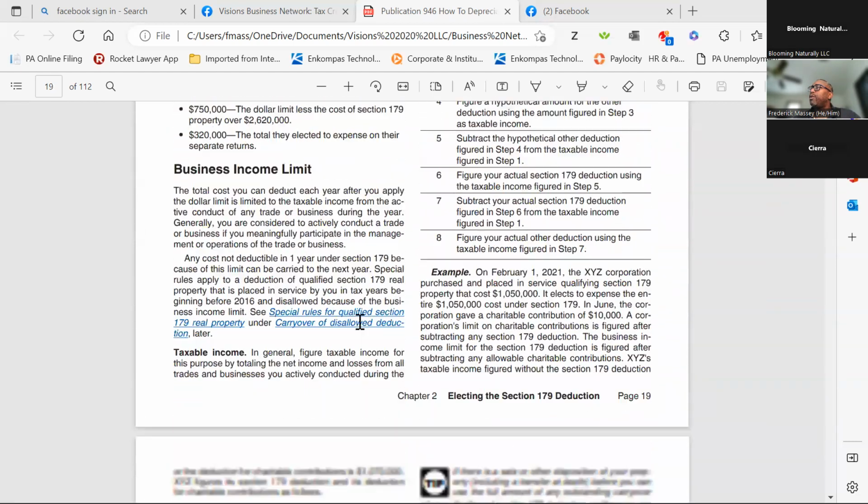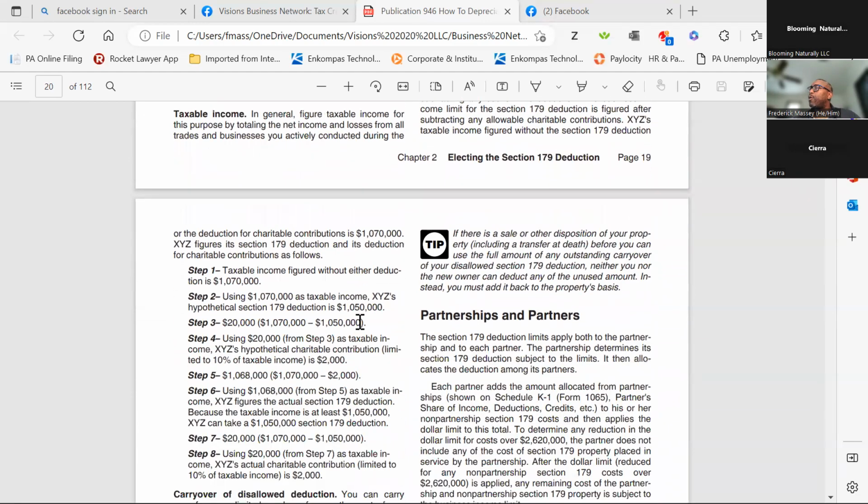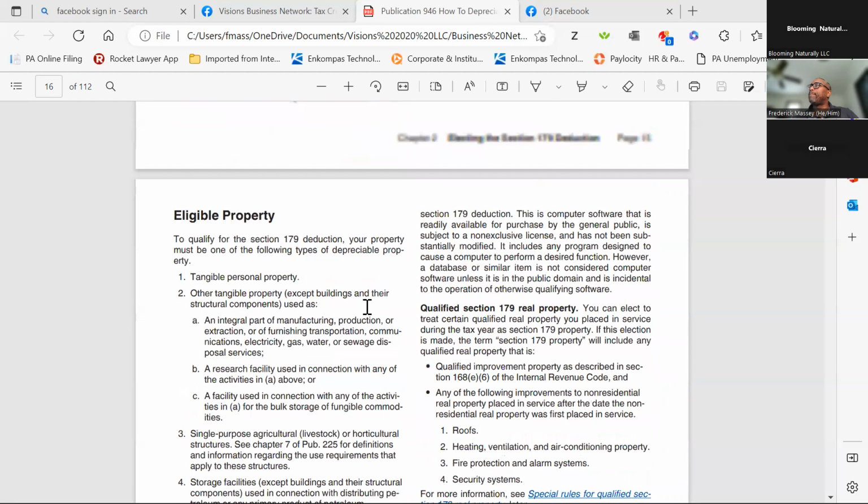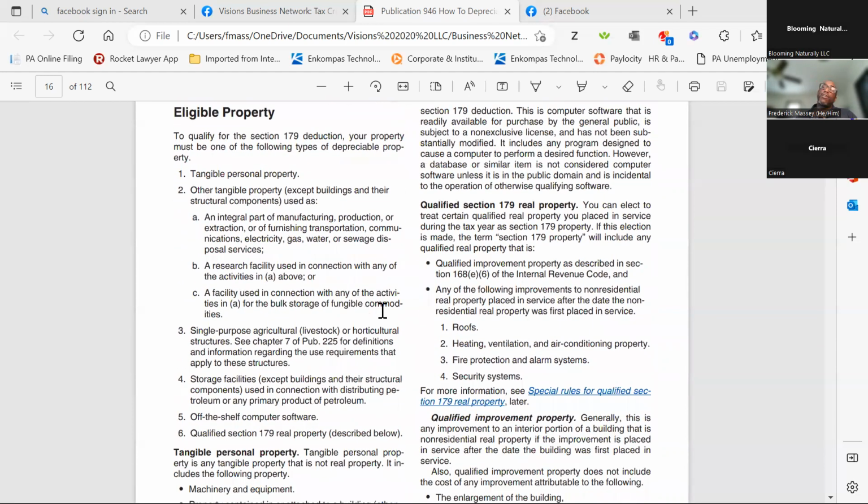The other piece of it is a similar type of thing. Section 179 limits the value of the asset that you can take as a 1 year depreciation, so there are some limitations in Section 179.